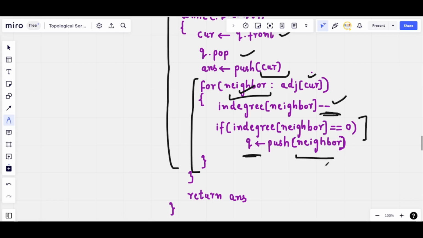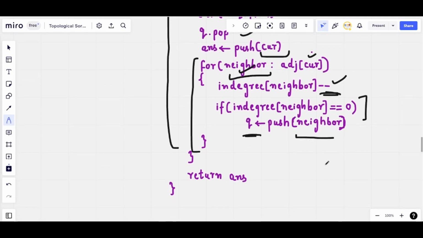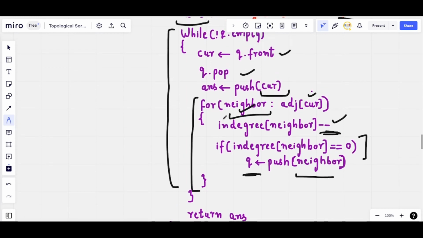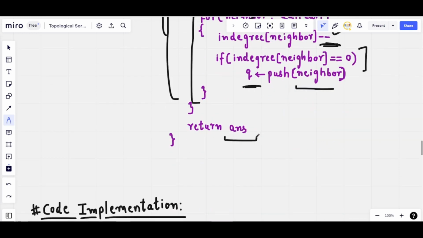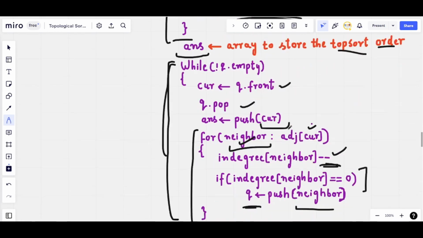Okay. Now, in this fashion, when I have processed all the nodes, I'm gonna have my answer array prepared. That will store the top sort for this given directed acyclic graph, and I will return that answer right at the end of this function.